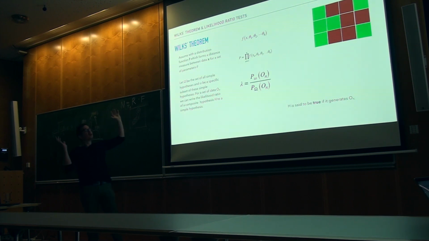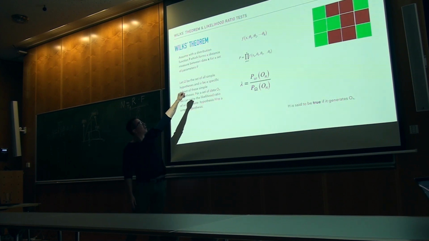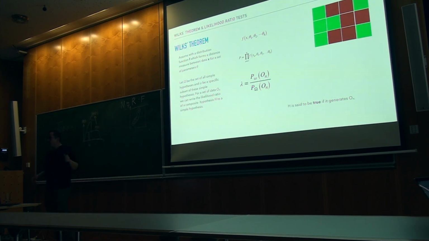We assume we have a distribution function f, and it forms some kind of distance measure between data and parameters. So f can be anything. It doesn't necessarily have to be a Gaussian likelihood or Poisson likelihood or binomial likelihood. It just has to be a distribution that measures the distance between data and model.